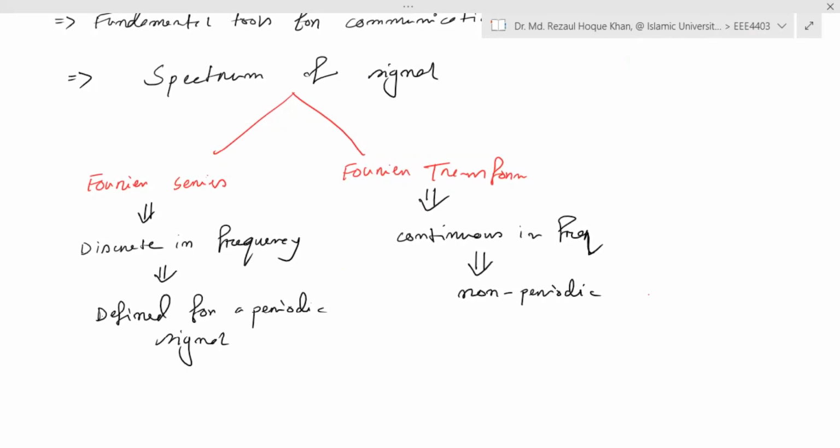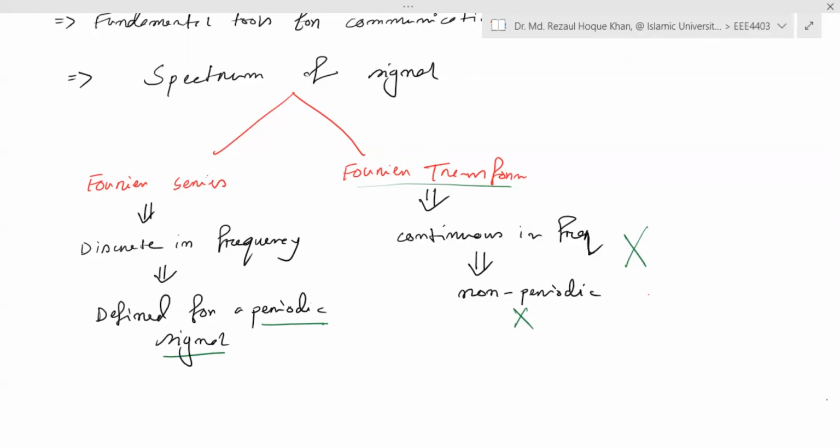But for the sake of this course, we will not go further into the Fourier transform. This is a no-go zone for us. We are only bothered about the Fourier series, which is discrete in frequency because it is defined for a periodic signal. The analog communication we will be discussing is fundamentally periodic.